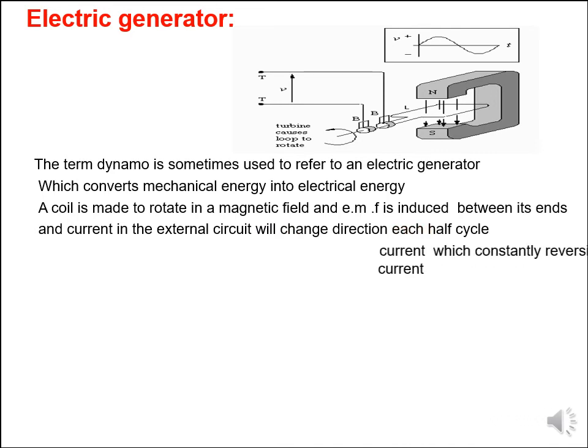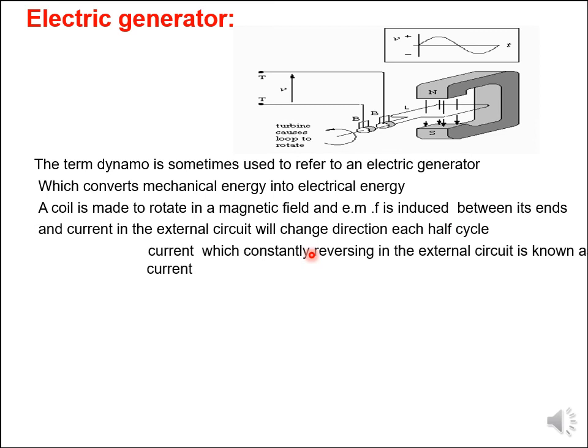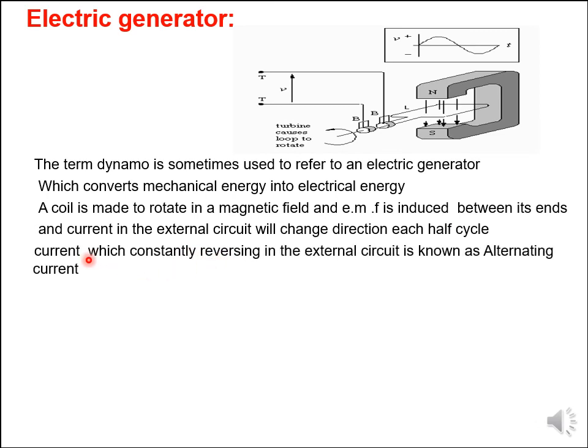Current which constantly reverses in the external circuit is known as alternating current. So the current which changes its direction continually in the external circuit is called alternating current.